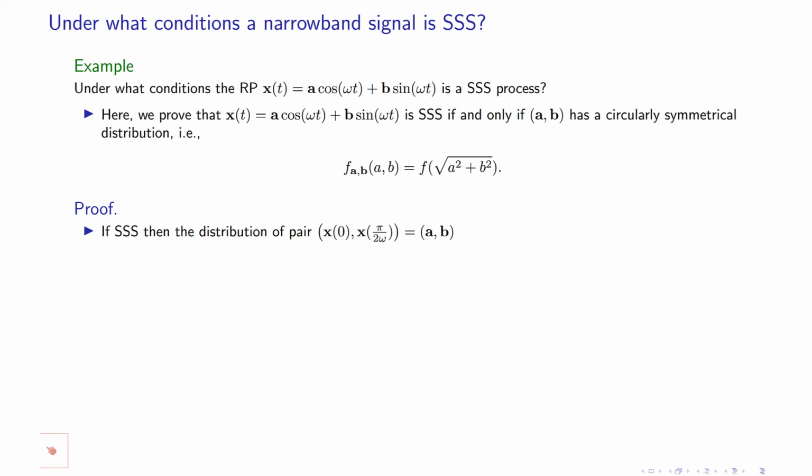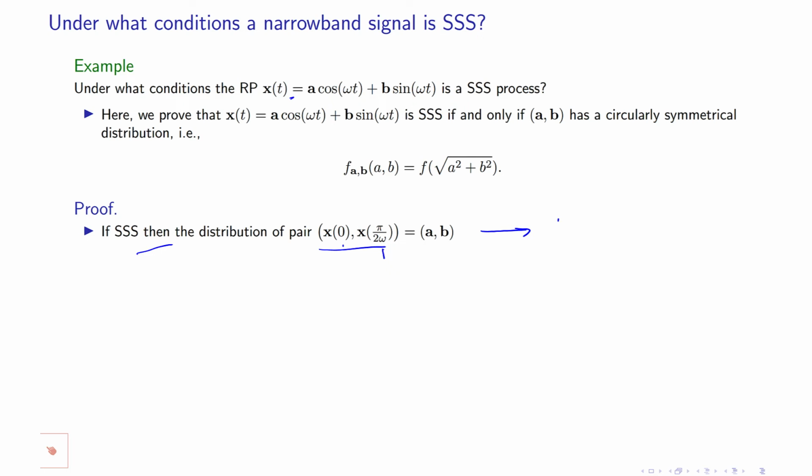The first side of the theorem is that if this random process is strictly sense stationary, the distribution of this pair, where I take two samples at time t equals zero and pi over 2 omega, which become A and B, should be the same as the distribution at any other time-delayed version.